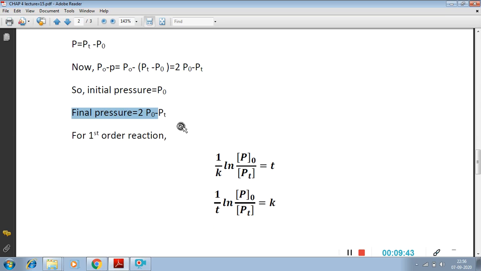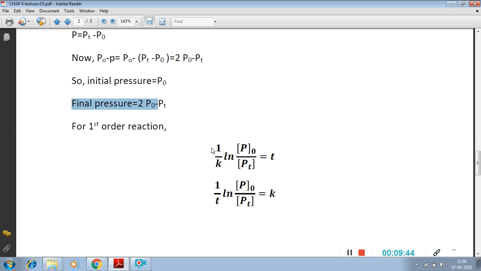Now for a first order reaction, the differential rate equation is here. Here instead of R0 I have written P0 and Pt, because our reactant is in gaseous state. If the reactant is in gaseous state, then instead of concentration we can use pressure here. So here P0 and P is pressure. Remaining terms are same here.